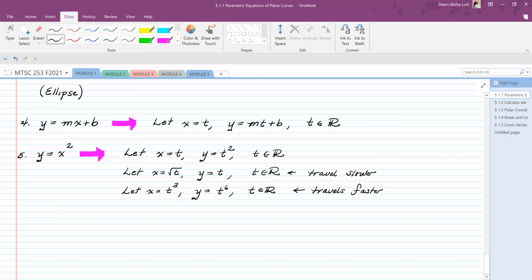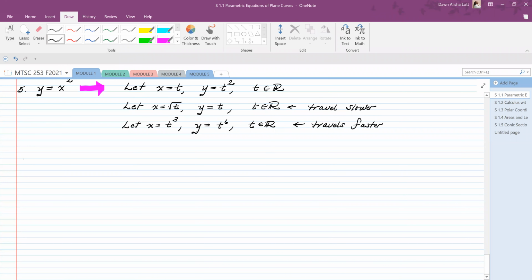Okay, so here's a cycloid. All right, so what is a cycloid?